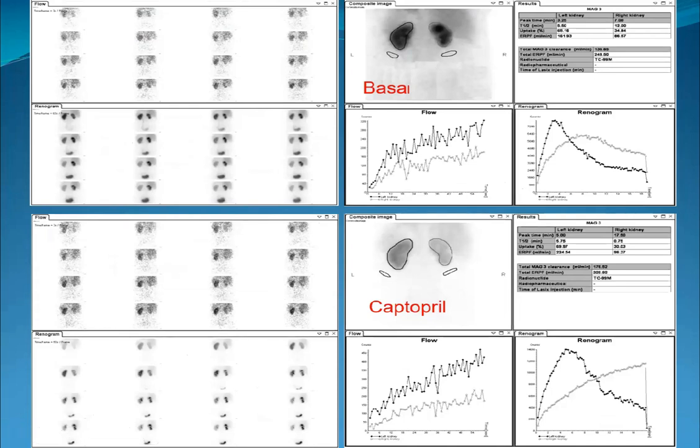So Captopril renography is done 5 days after, which reveals marked reduction in perfusion and tracer uptake of the right kidney, together with severe parenchymal retention of the tracer as appears in this curve. So this severe parenchymal retention also is a diagnostic point for renovascular hypertension.